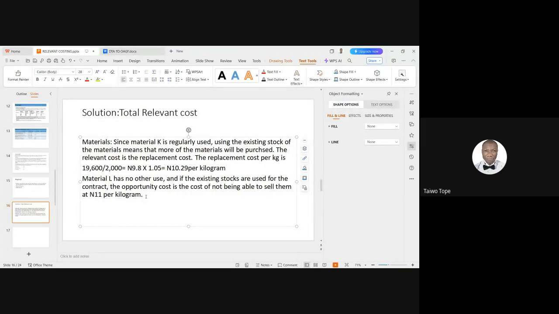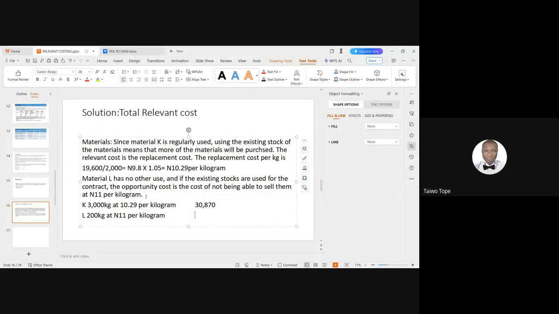So we have it this way. For K, you have 3,000 kg at 10.29 per kilogram. You have it as 30,870. For L, you have 200 kg at 11 naira per kilogram.